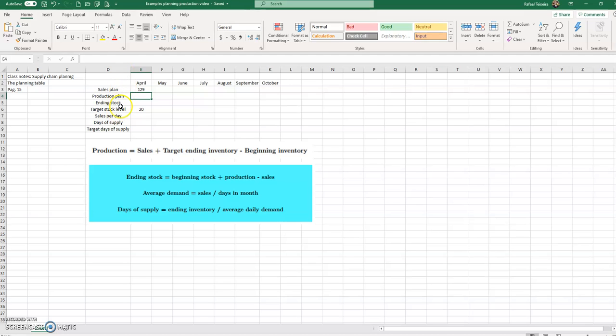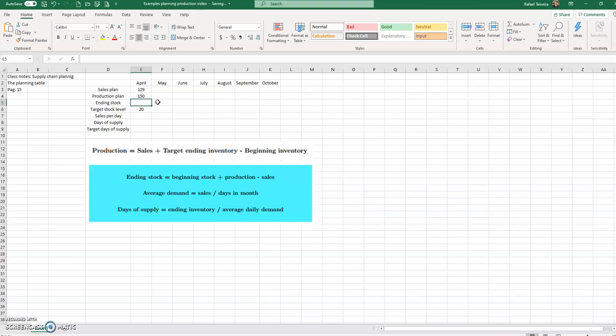In this case, we don't have March, so we don't have a beginning inventory. For this reason, in April, I'm going to start the production plan with a number of 150. But just for April, because we don't have a beginning inventory.